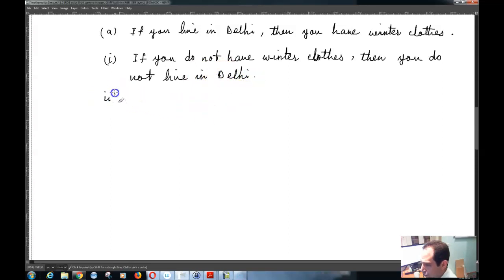And number 2 is, if you have winter clothes, then you live in Delhi.